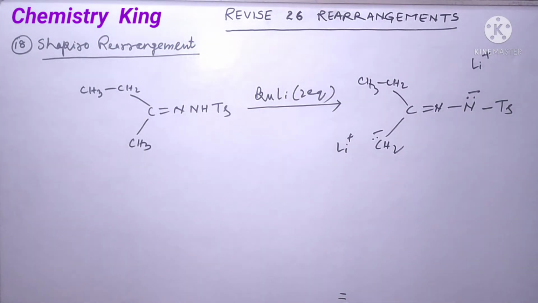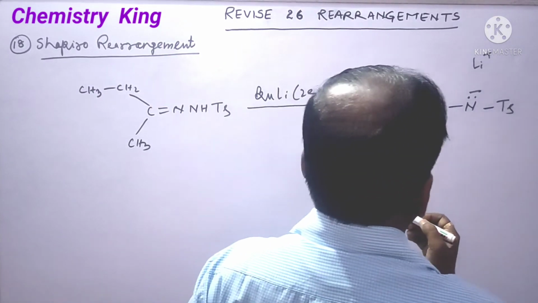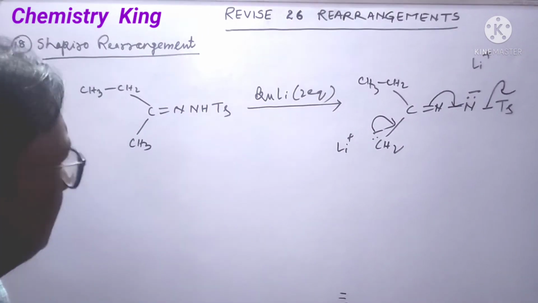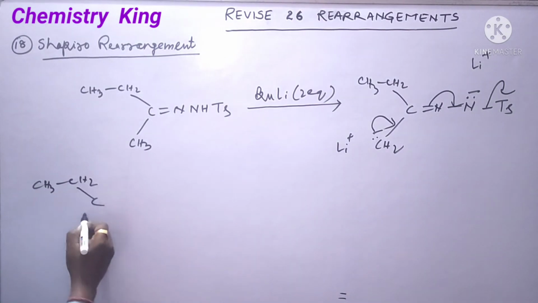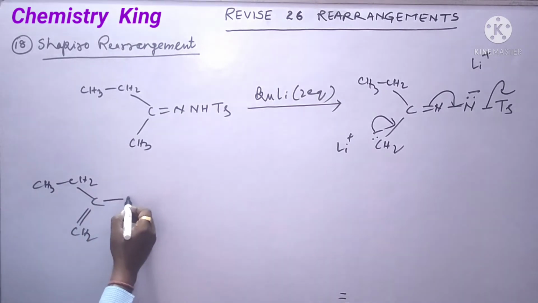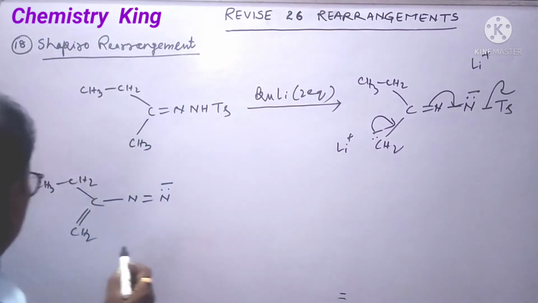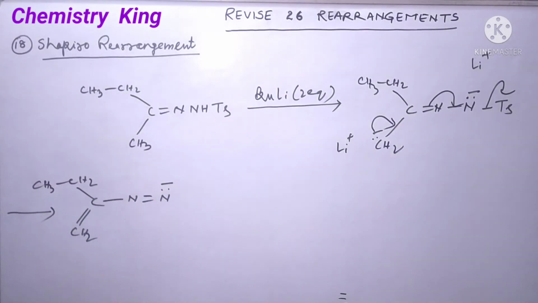What will happen? First of all, it will come here, and then you will get CH3, CH2, C, double bond CH2, and N double bond N minus, and here this lithium ion and this tosyl ion are released like LiTs.